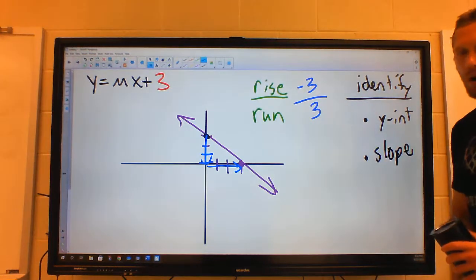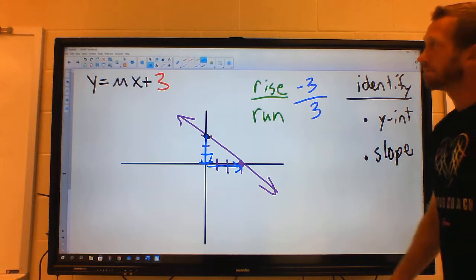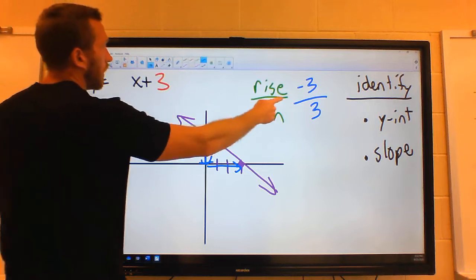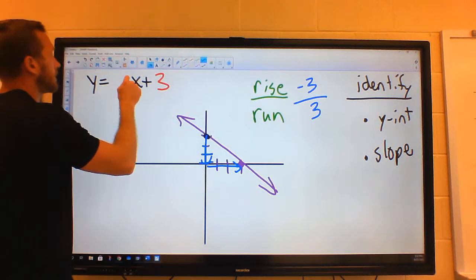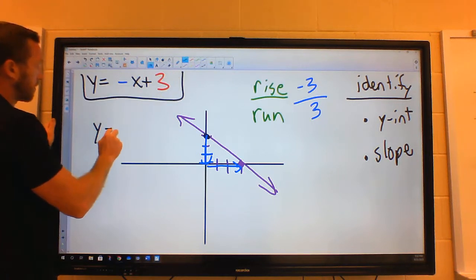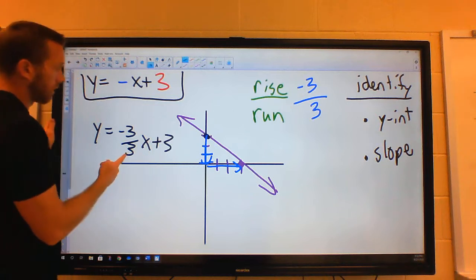So we would not write that the slope is negative 3 over 3. Okay? We would have to simplify that. So think about what negative 3 over 3 reduces to. That's just negative 1. And I definitely don't write negative 3 over 3x plus 3. We don't do that.